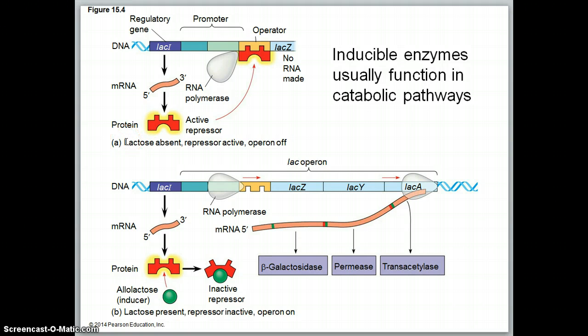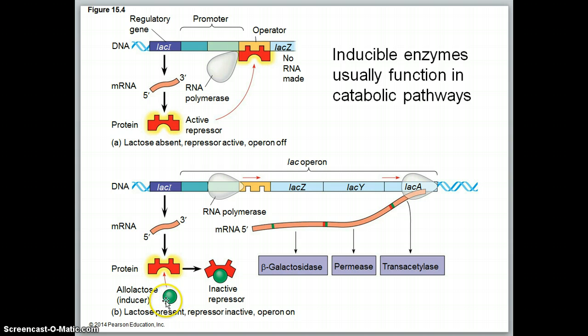So the lac operon is important because it helps to break down lactose sugar. It's good that it's initially turned off, because if there's no lactose, there's no reason to make the lactase enzyme in order to break down lactose. So it's usually turned off unless you actually have lactose present. The presence of lactose is what we call an inducer.